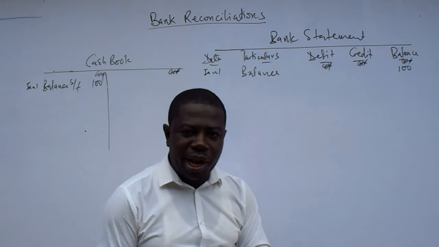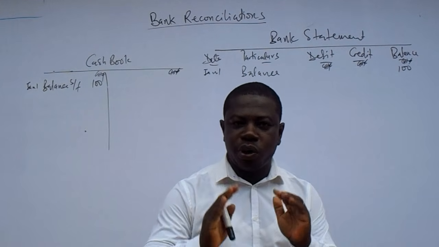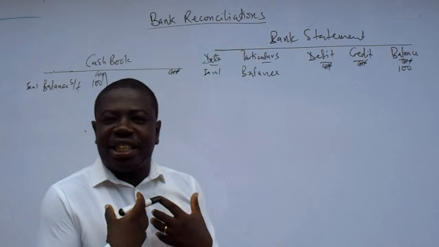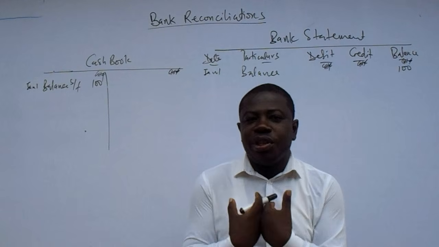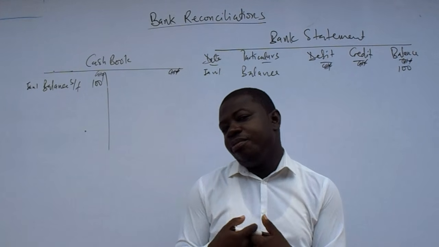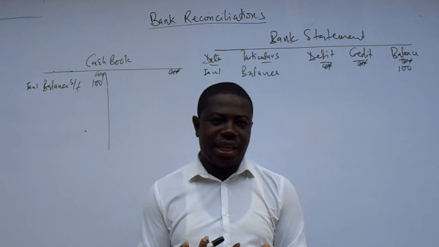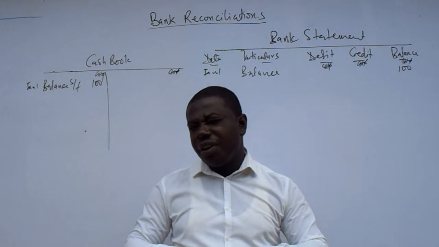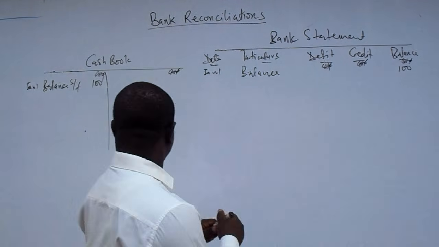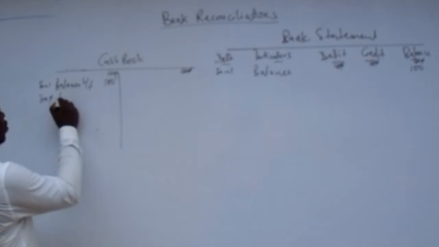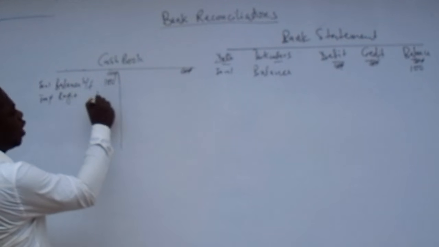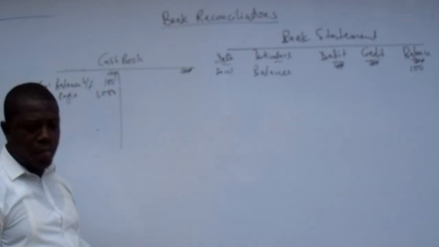And so in the month of January, what is supposed to happen is that when we receive a check from our customers, let's say the customer's name is Kofi, as a debtor's name in our book. If you receive a check of 1,000, the accountant is supposed to record the date, let's say January 4th, a check from Kofi of 1,000 Ghana cedis.